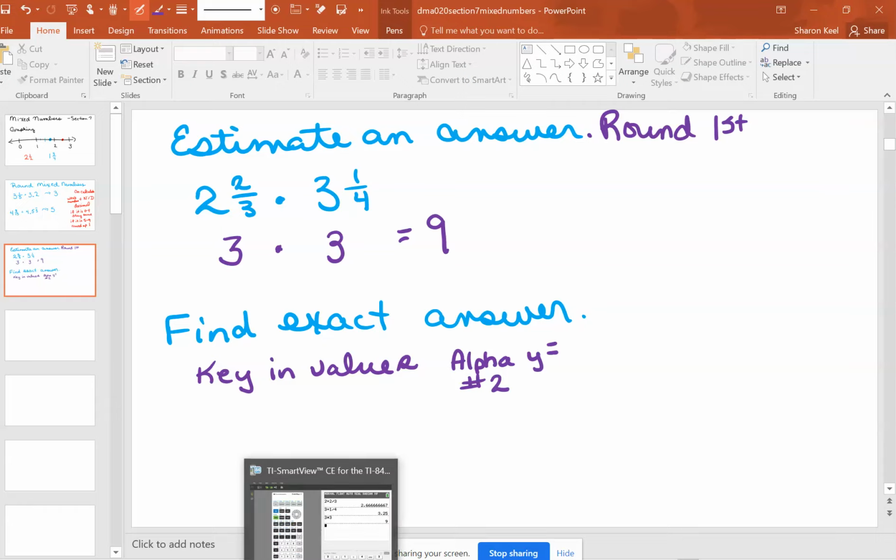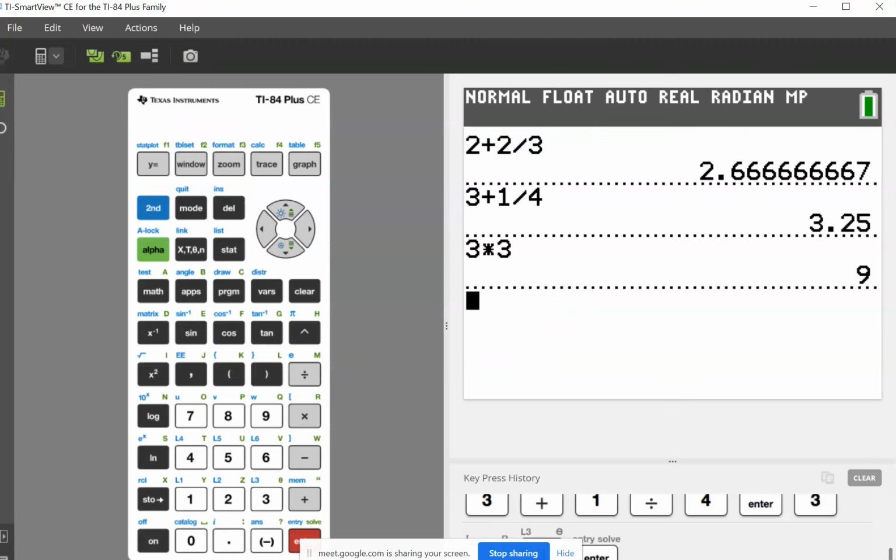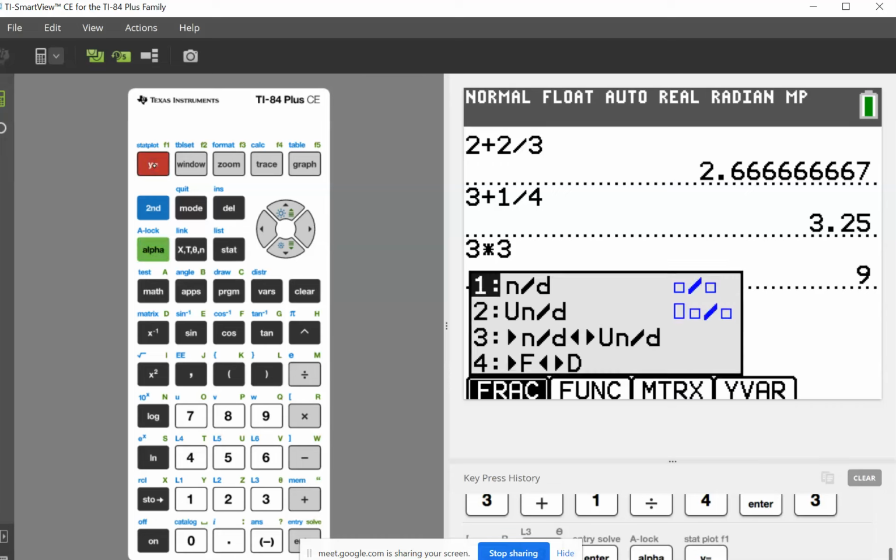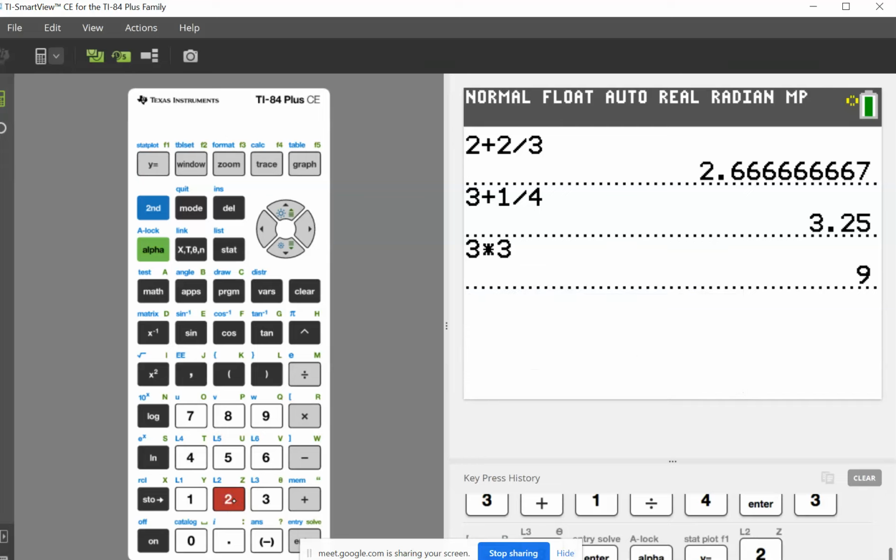So let's review how to go about doing that with a mixed number. Alpha, y equals, and then we choose number 2, which is the mixed number. I'm going to type in my 2 2/3 and use the arrow keys to move around.